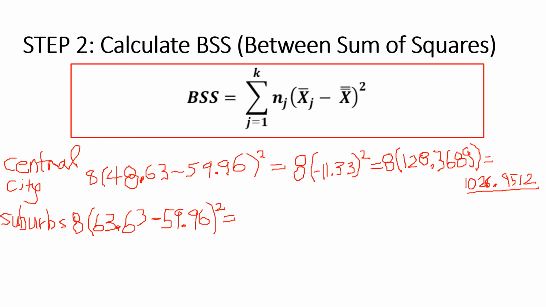So these two numbers are really close to each other, so we shouldn't be surprised that the difference is quite small. So we've got 8 times, what did I say, 3.67? Yep, 3.67.